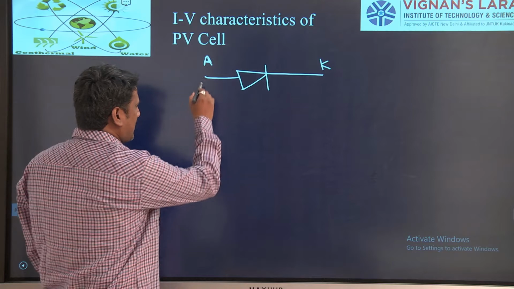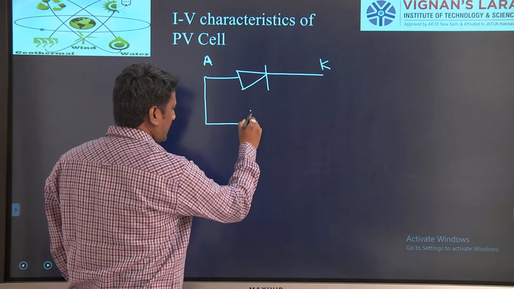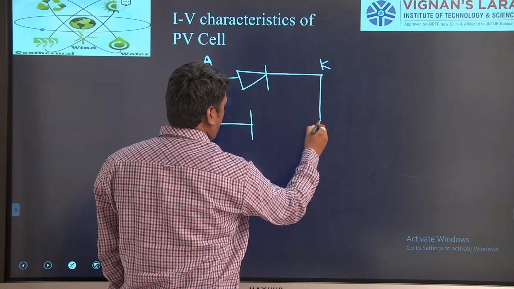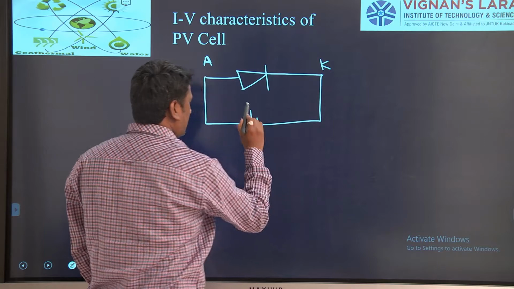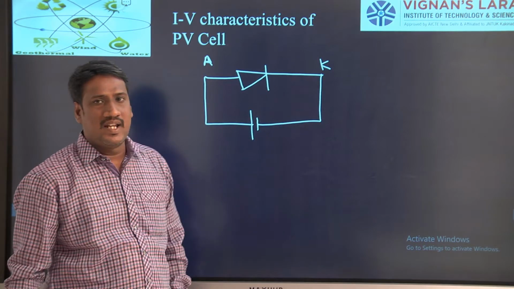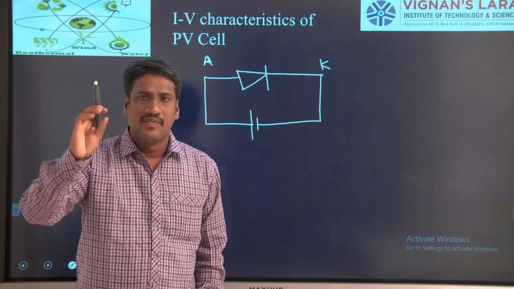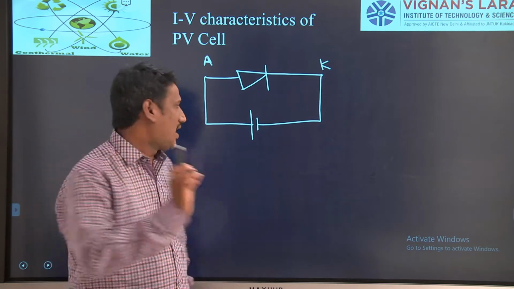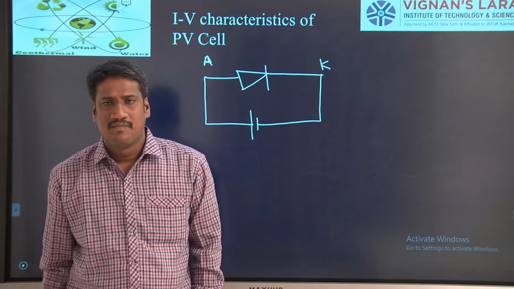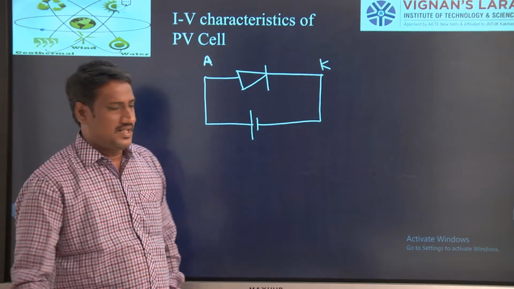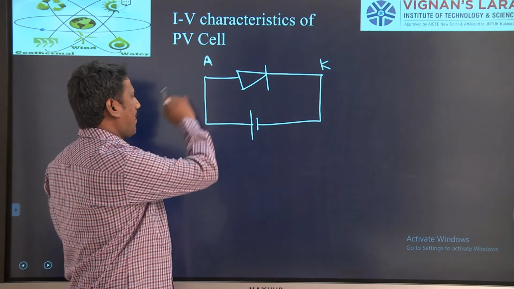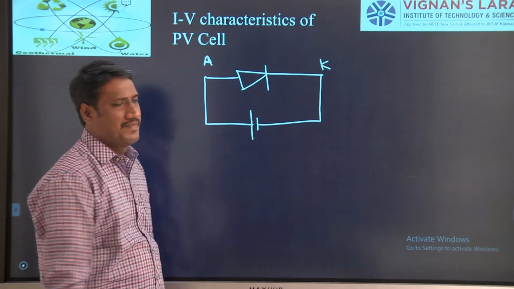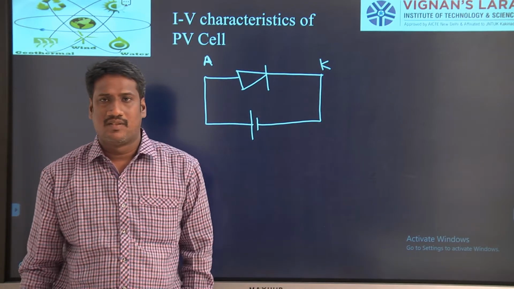If the anode is made positive with respect to the cathode, then you can call the diode forward biased. So positive to anode and negative to cathode I have given.